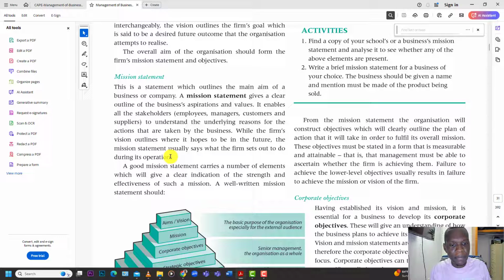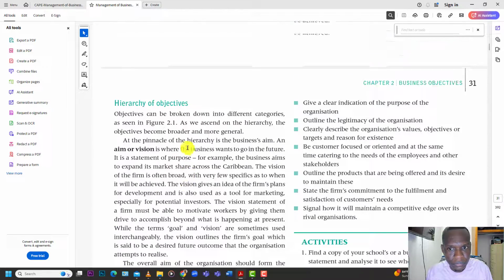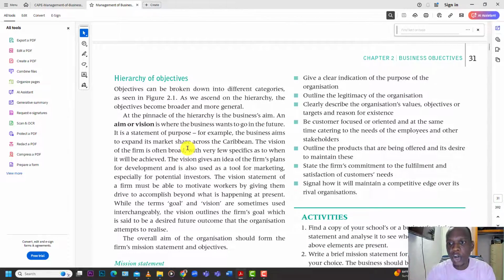A good mission statement carries a number of elements which will give a clear indication of the strengths and effectiveness of such a mission. A well-written mission statement should give a clear indication of the purpose of the organization, outline the legitimacy of the organization, and clearly describe the organization's value, objectives, or targets and reasons for existence.